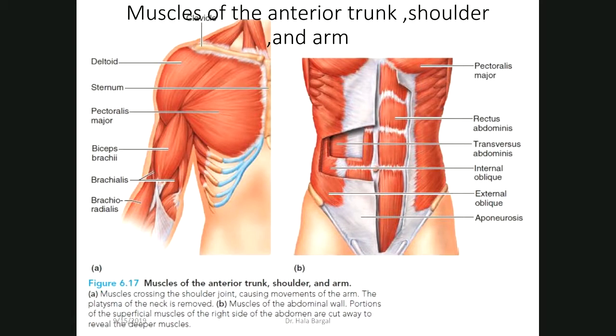It originates from the lower part of the humerus and inserts in the radius. So it is named after its anatomical position. So how many muscles are in the anterior compartment of the arm? Three. The first is biceps brachii, the second is the brachialis, the third is brachioradialis.